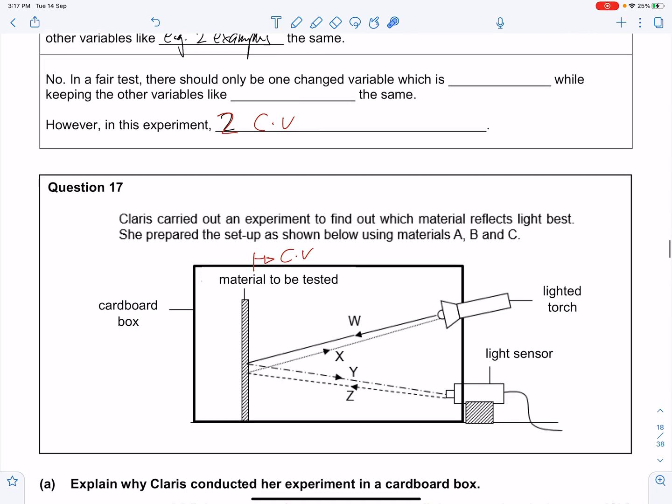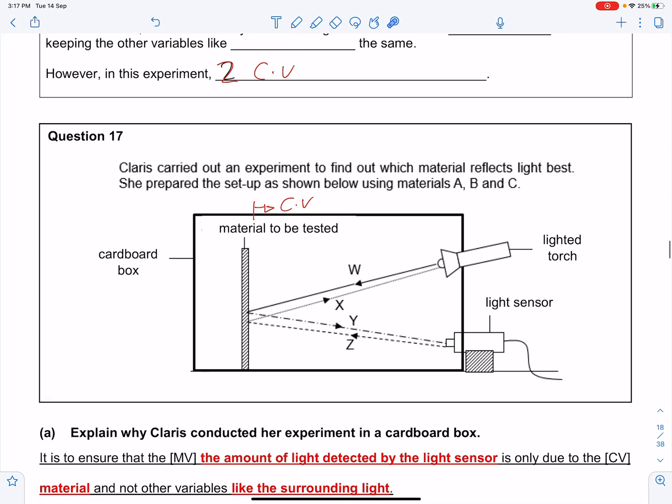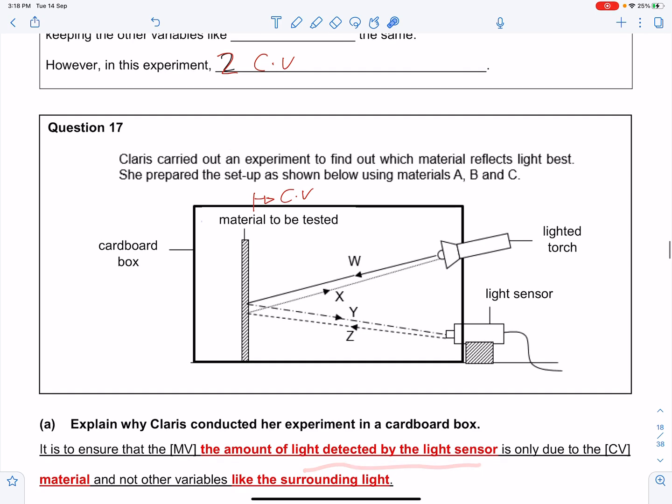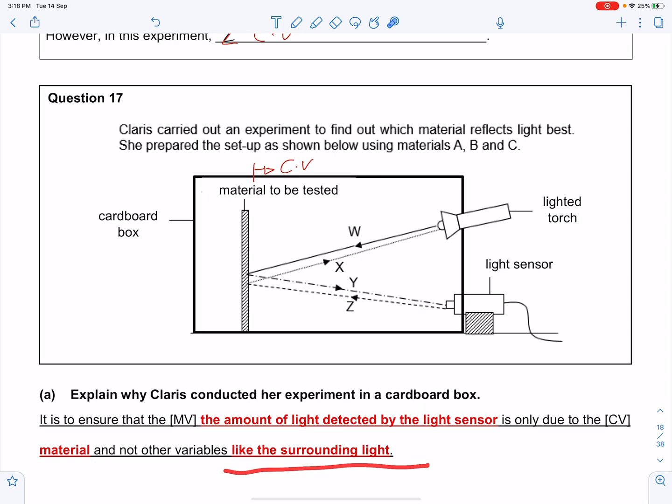So remember, it is to ensure that the measured variable, which is the amount of light detected by light sensor, is only due to the change variable, which is your material, and not other variables, like surrounding light. So you need to tell me what is the example of the second change variable.